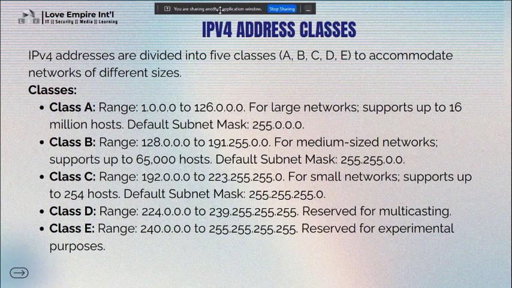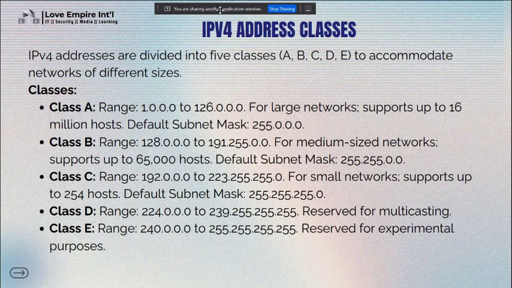If your network is just a small network, then you go for class C. If your network is medium, you go for class B. If your network is a large network, then you go for a class A IP address system.